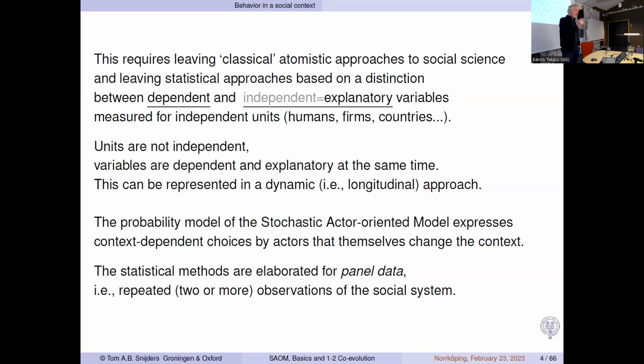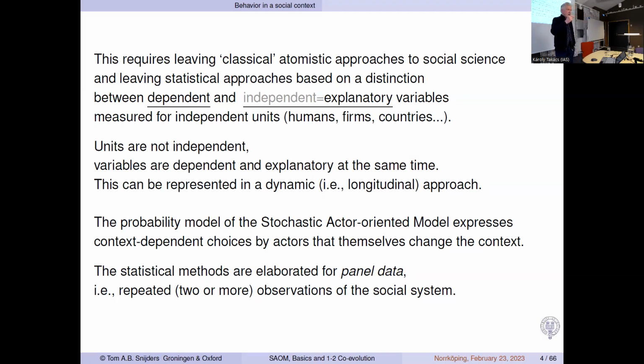The stochastic actor-oriented model has a probability model, which expresses these context-dependent choices. And if I may separate the probability model from the statistical model, the estimation is based on panel data. Network panel data are data in which you've got a network and perhaps other information, which is observed sequentially at 2 or more occasions.